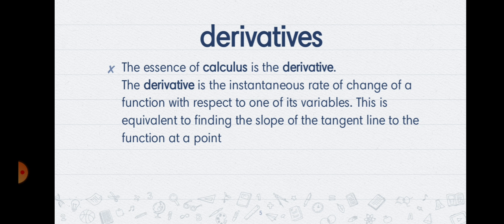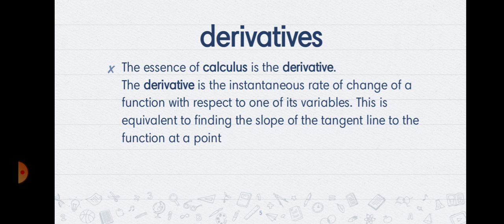So, what are derivatives? Derivatives are the essence of calculus. It is the instantaneous rate of change of a function with respect to one of its variables. This is equivalent to finding the slope of the tangent line to the function at a point.